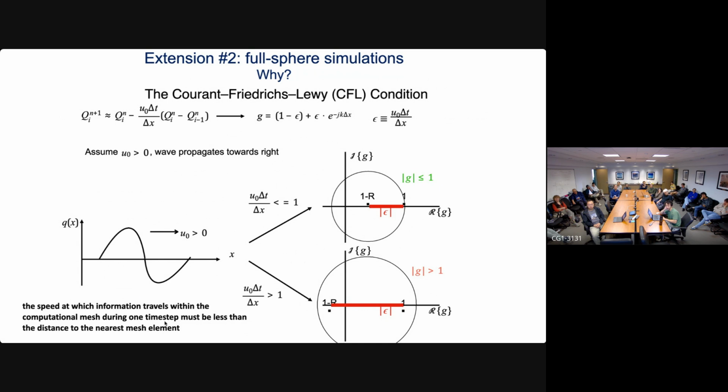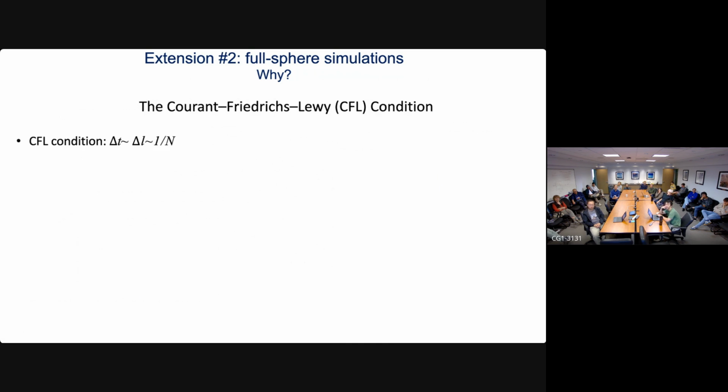It means that the speed at which information travels within the computational mesh during one time step must be less than the distance to the nearest mesh element. So basically, the time step is proportional to the cell length, which goes as 1 over n, where n is the cell number.